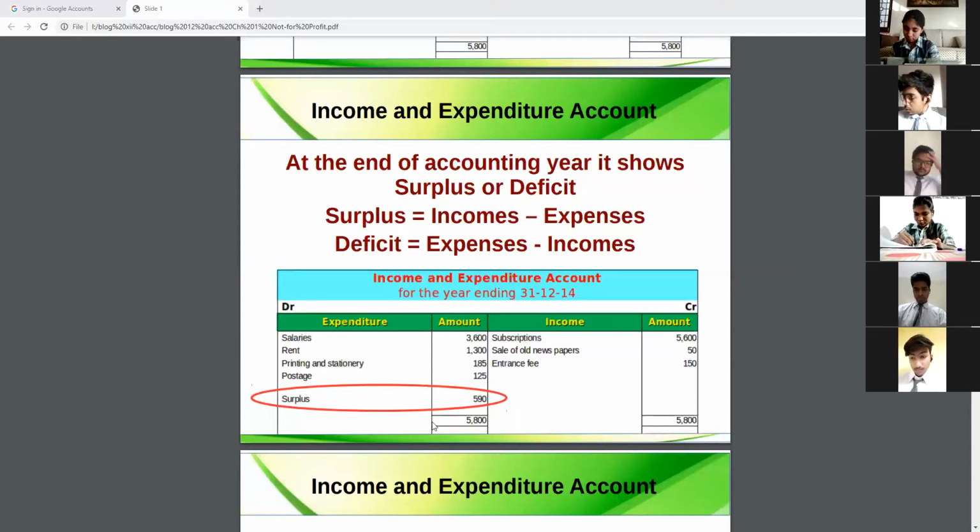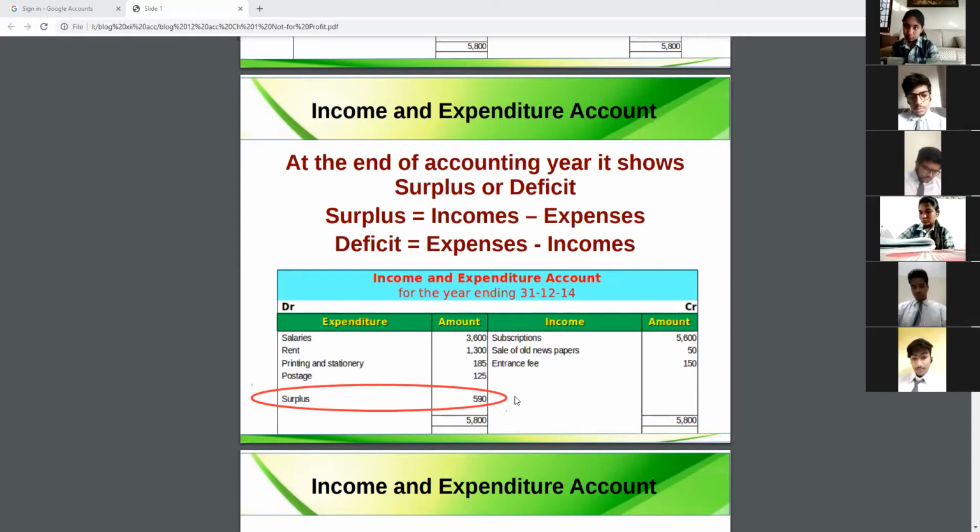Now, my dear children, if the debit side is more than the credit side, meaning the expenditures are more than income, then the difference will be termed as deficit. For deficit, you will write in the bracket excess of expenses over income.